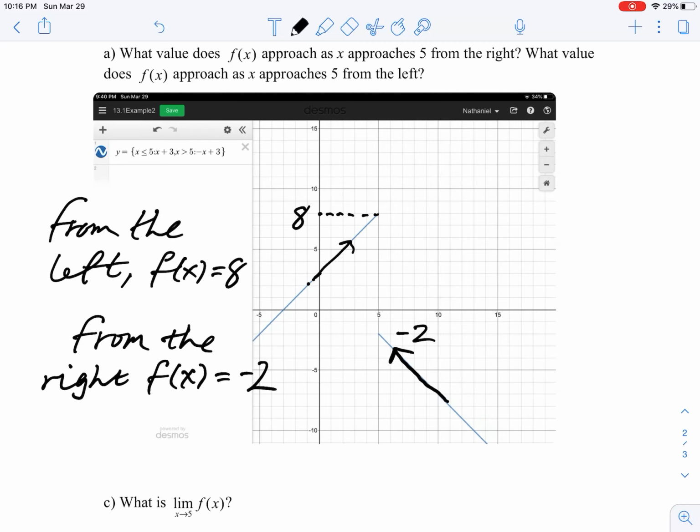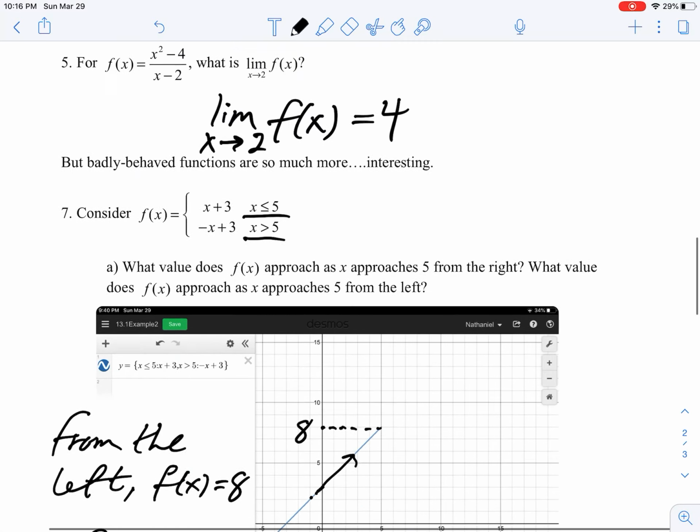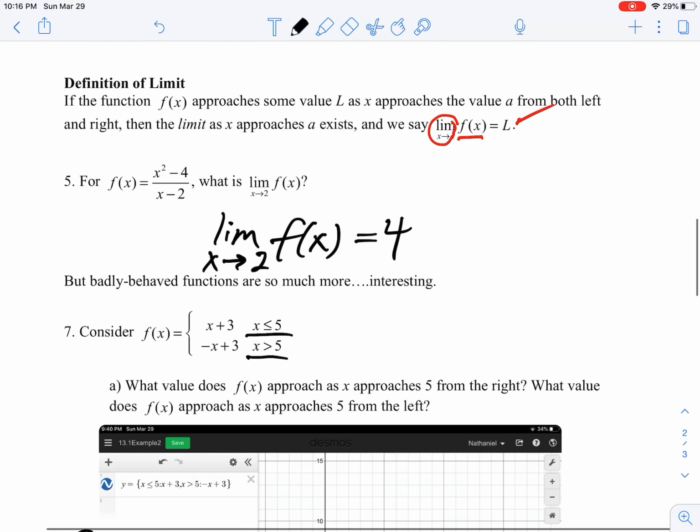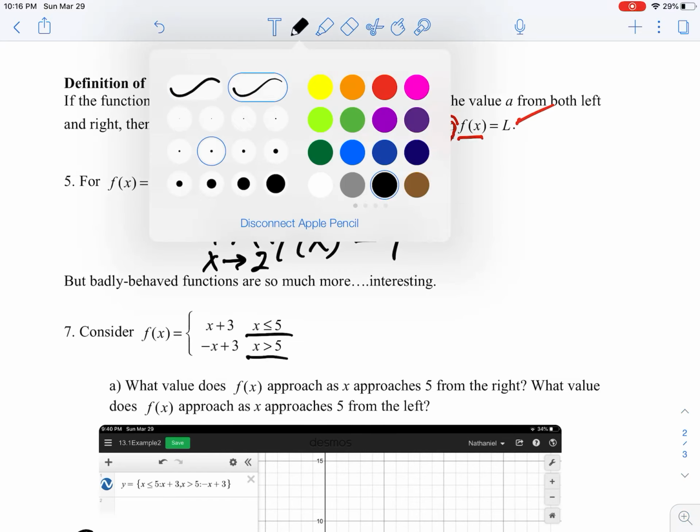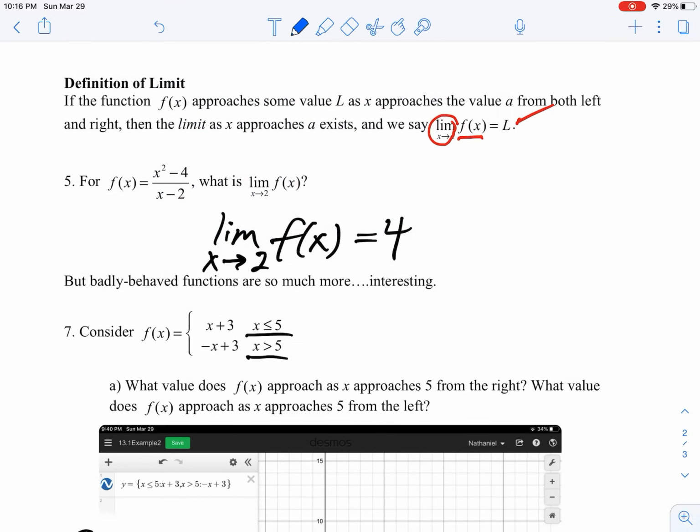Well, let's go back and refer to our definition. Definition of a limit. If the function approaches some value L, the same value L, as x approaches a from both left and right, then the limit as x approaches a exists.